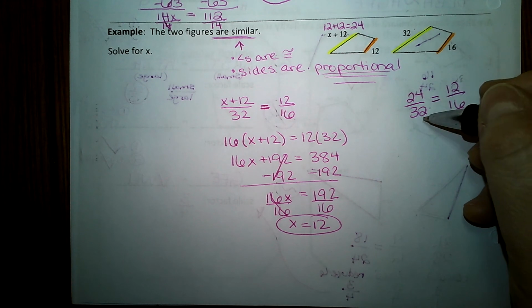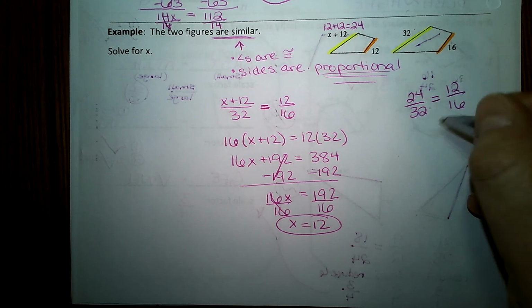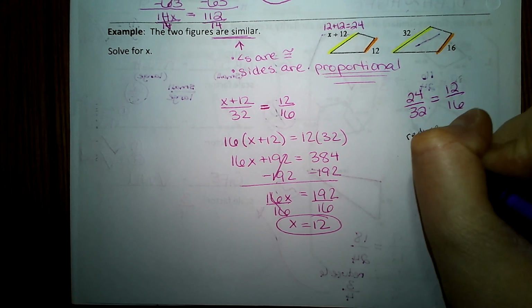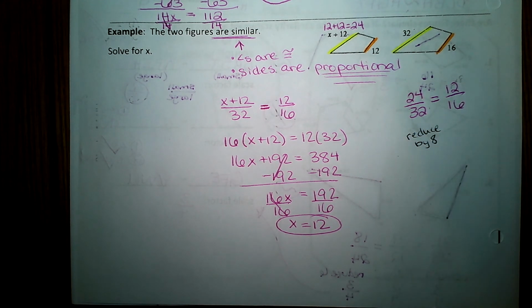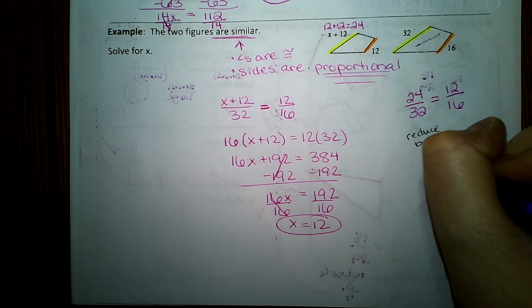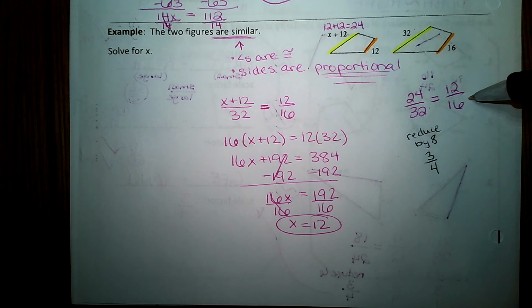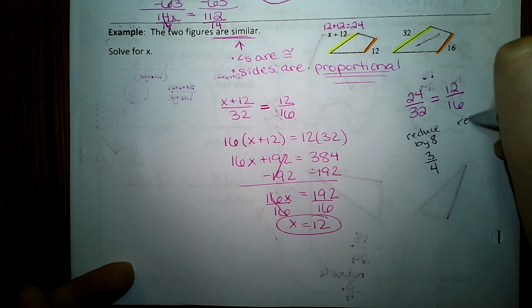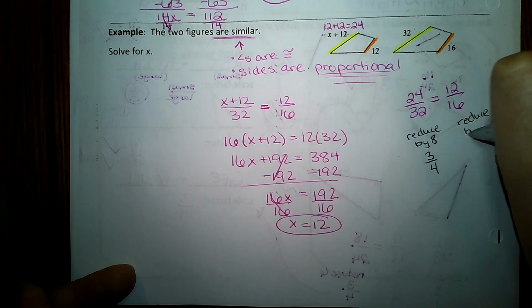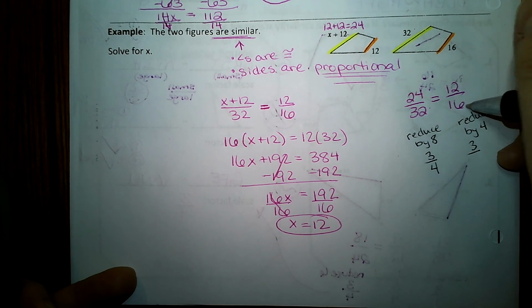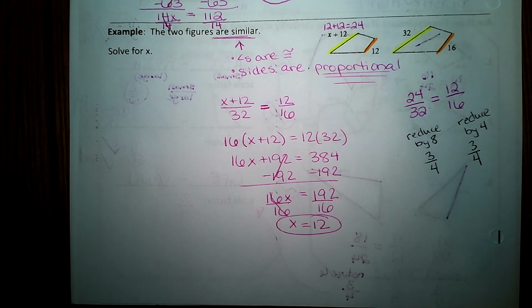24 and 32 can both be reduced by 8. 24 divided by 8 is 3. 32 divided by 8 is 4. 12 and 16 can both be reduced by 4. 12 divided by 4 is 3. 16 divided by 4 is 4.